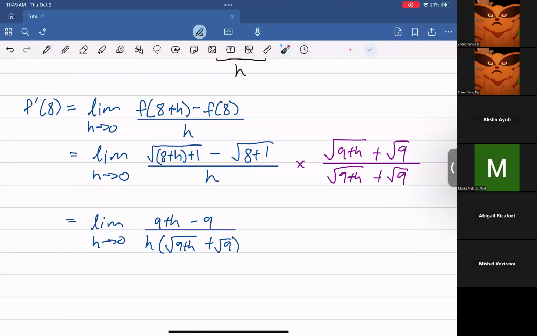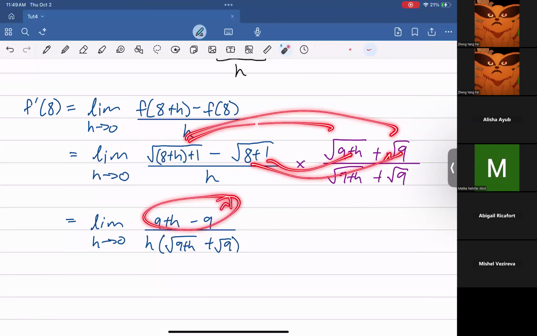Okay, so if this is not super clear to you where that came from, you can just multiply these two term by term and simplify, and then you will get this.